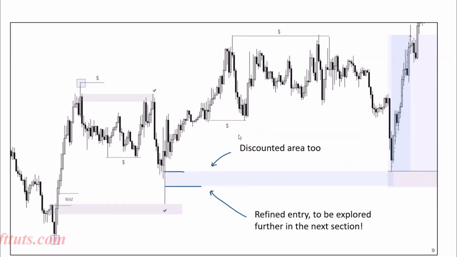Now, there were quite a few points of interest, but when you look at the fibs and everything like that, some person who was entering off just a 0.618 fib would have entered off this area right here. And okay, there would have been valid reasoning for it. But if you remember, I'm going to be getting into this in the advanced section as well.